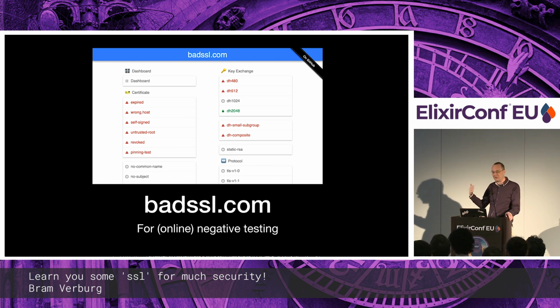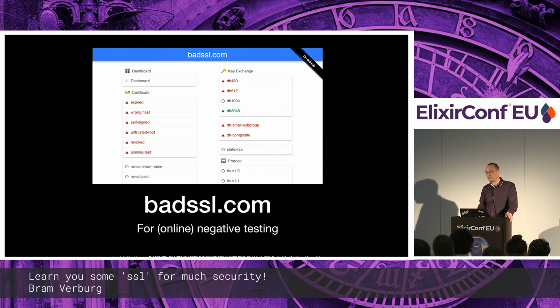So if you want to integrate something into your build environment, you may not want to rely on an internet connection or some external server that you don't control. But it's very, very useful because it allows you to test that connections that shouldn't work do in fact fail.